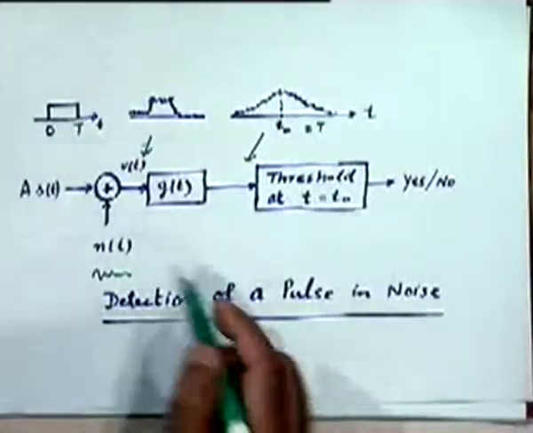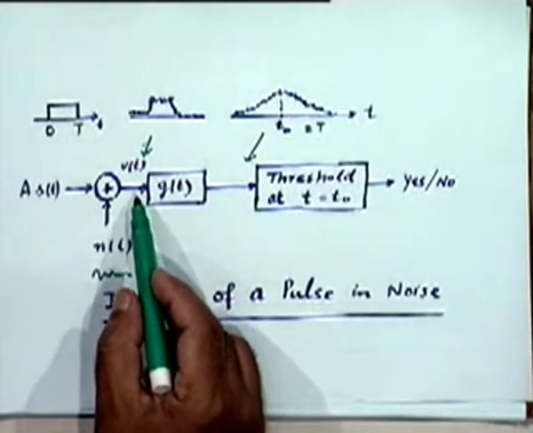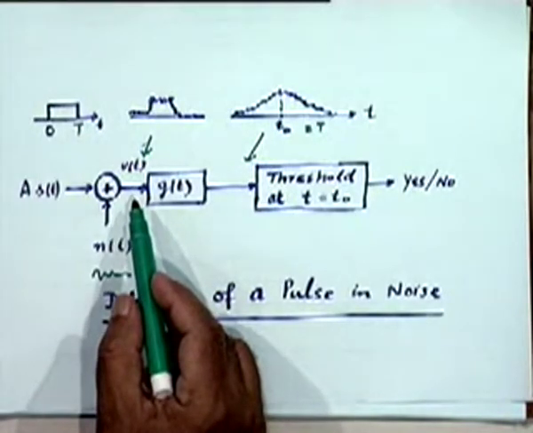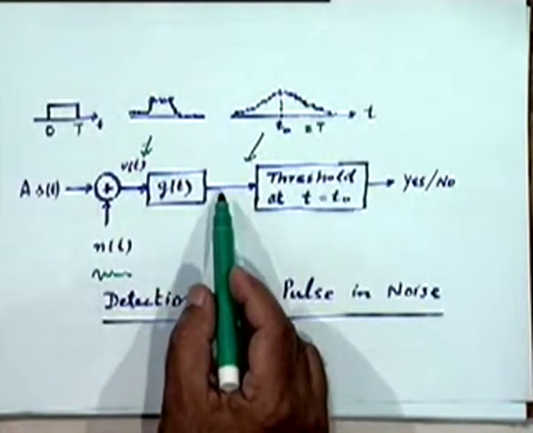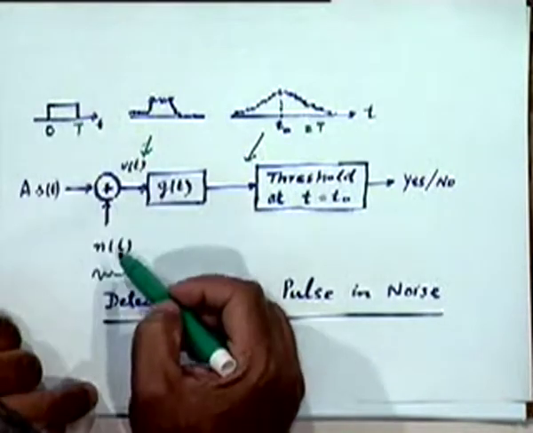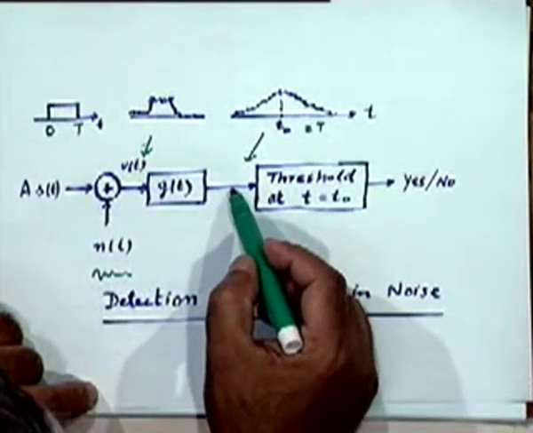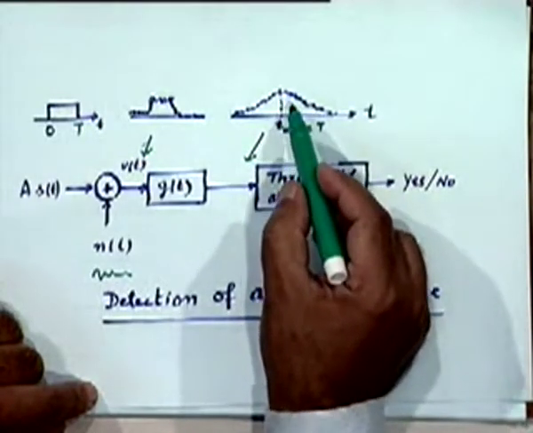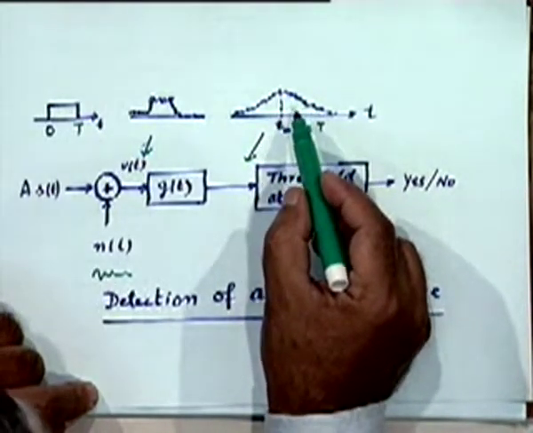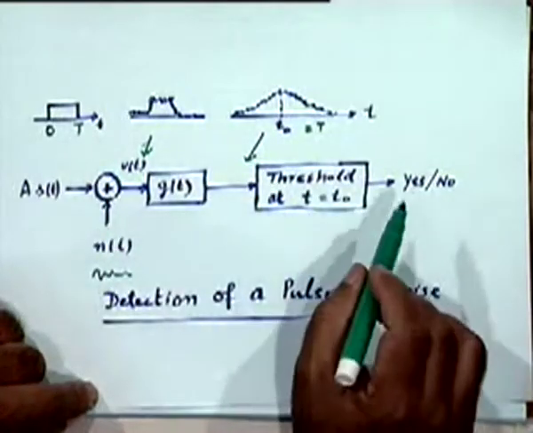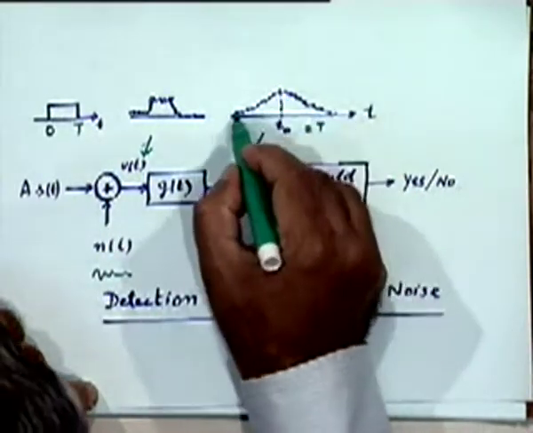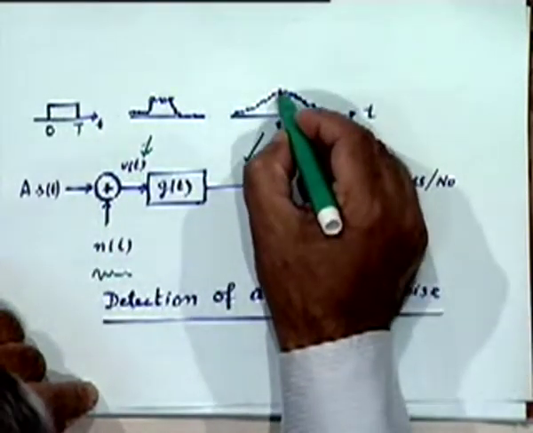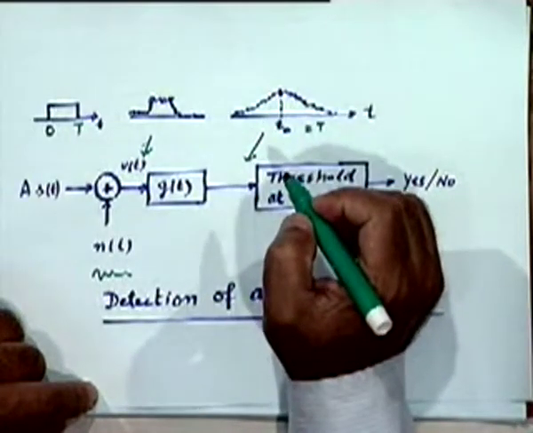What we'll try to do is understand, with this kind of input which contains a signal plus noise, what kind of output we are going to get, particularly at some pre-chosen sampling instant, because ultimately the behavior of this receiver is going to depend not really on this output waveform, but on the nature of this value.